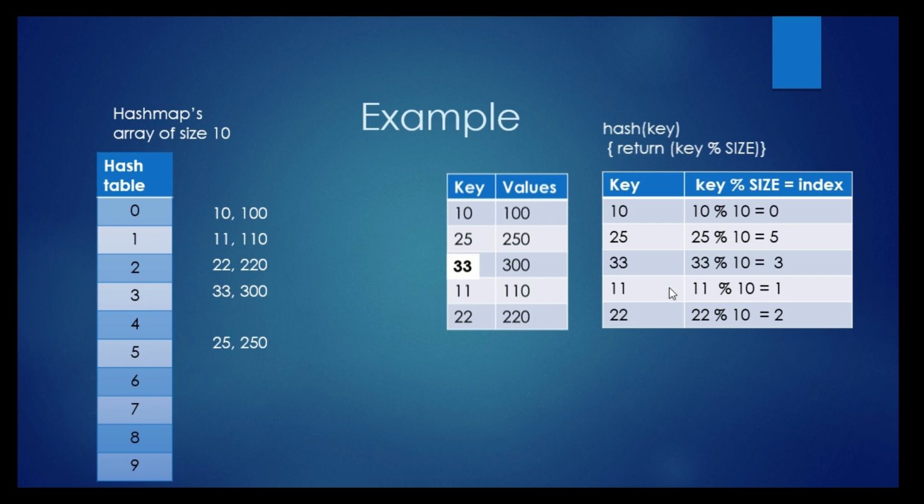Next, 11 modular 10. The remainder is 1. So this key value pair is going to be saved on the first index. And lastly, we calculate the key value pair of 22 modular 10. The remainder is 2. We save it on the second index of our hash table.